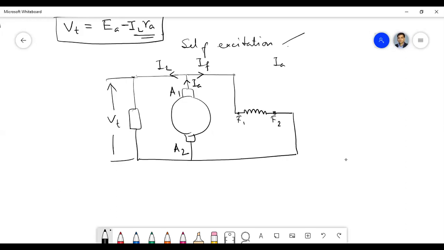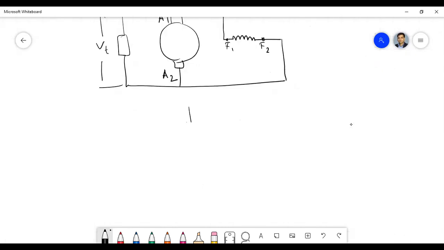So in self excitation, there are divisions like shunt, which I have already drawn. Another is here, where you have the field. Now, how can you connect this in series?